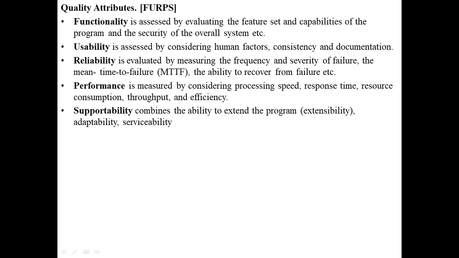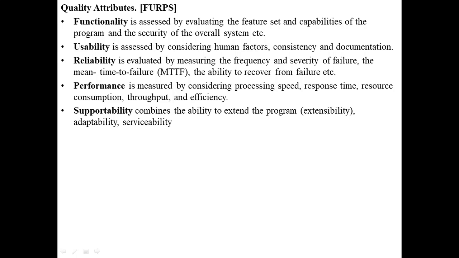When you are validating a software, five quality attributes are very important. Those are functionality, usability, reliability, performance, supportability. So what is functionality? Functionality is assessed by evaluating the feature set and capabilities of the program and the security of the overall system. Usability is assessed by considering human factors, consistency and documentation.